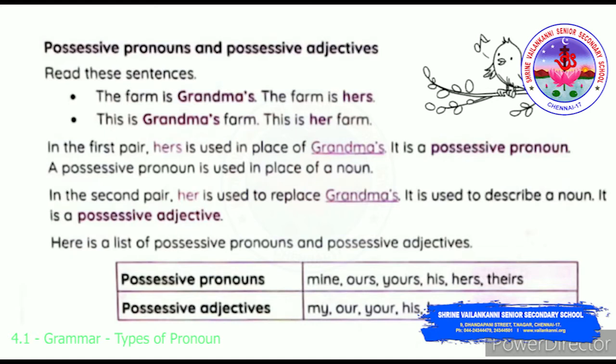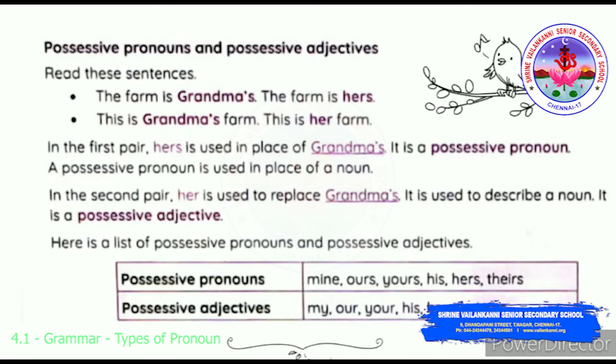The possessive pronoun always replaces the noun. In the second sentence, her is used to describe a noun, so it is a possessive adjective.